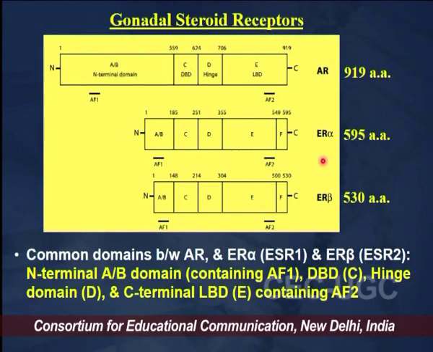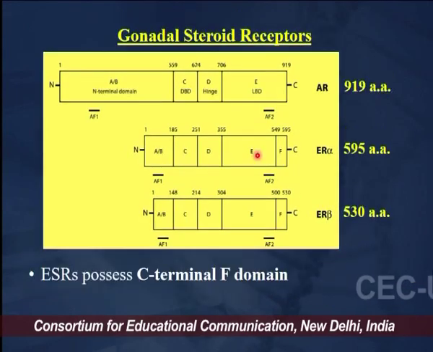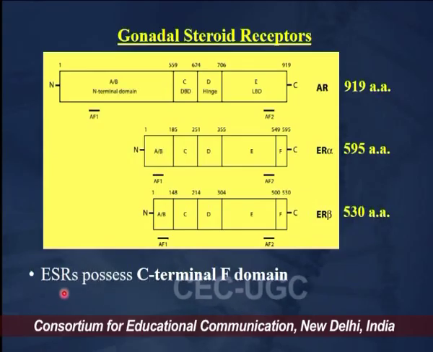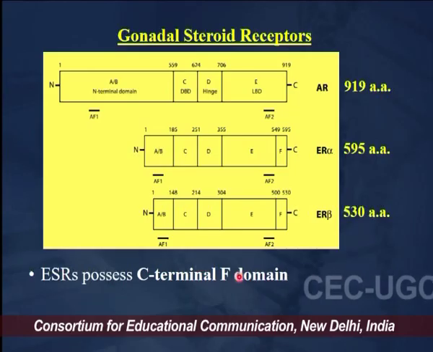Now, if you look at the estrogen receptors, there are basically two isoforms, estrogen receptor alpha and beta. Both of them are a bit similar, but they do have some differences also. ER alpha is of 595 amino acids, while ER beta consists of 530 amino acids. What you can note here is that estrogen receptors, also called ESRs, possess a C-terminal F domain.